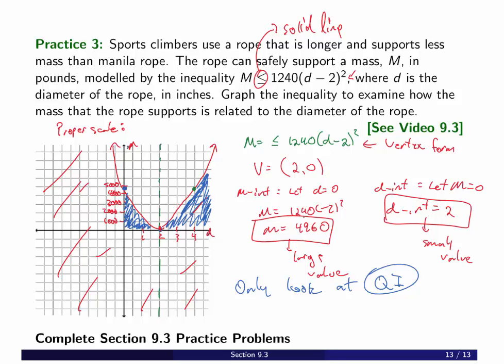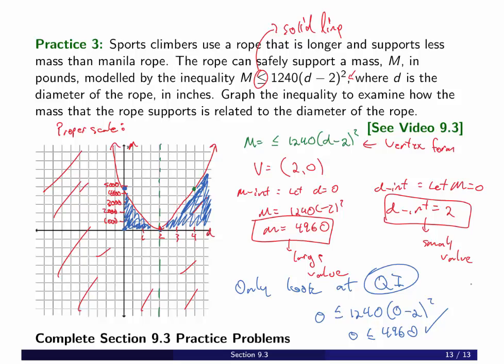You can test this by picking, say, the point 0 and 0. So 0 less than or equal to 1,240 times 0 minus that, and of course this is going to be 0 is less than 4,960. That will definitely work. Okay, so we're definitely on the right track here.